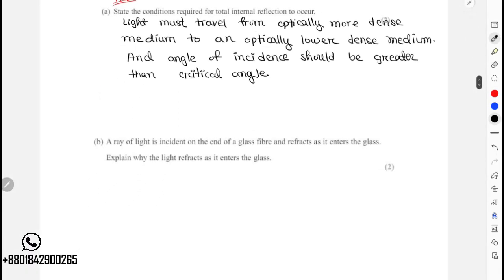Then a ray of light is incident at the end of the glass fiber and it refracts as it enters the glass. Explain why the light refracts as it enters the glass.